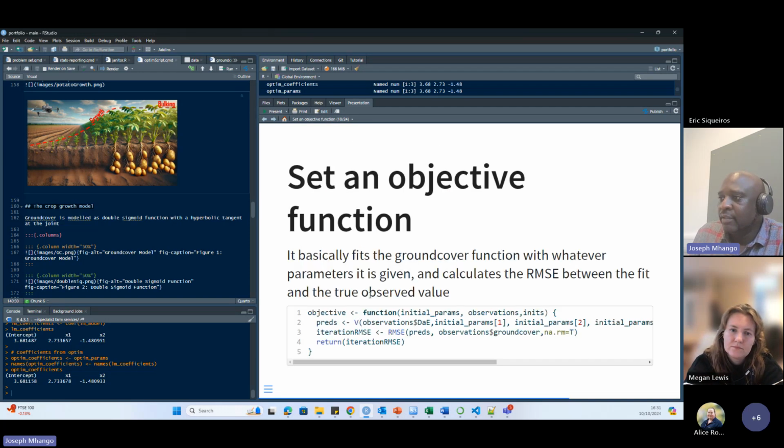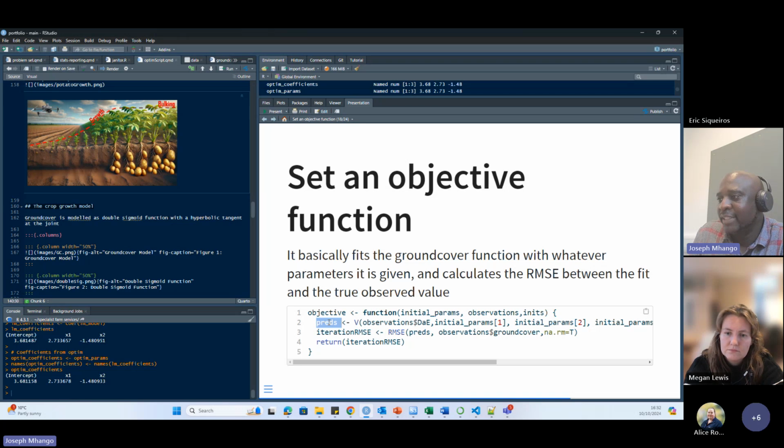And then you define an objective function. We talked about how you have to define an objective function that you want to minimize. And my objective function is really simply the same function that I defined in the previous slide. I use it to make predictions.